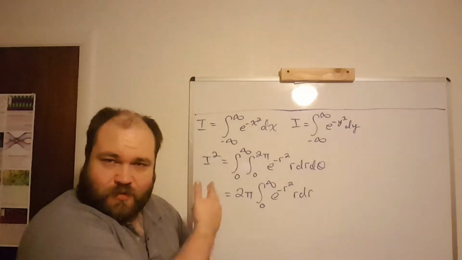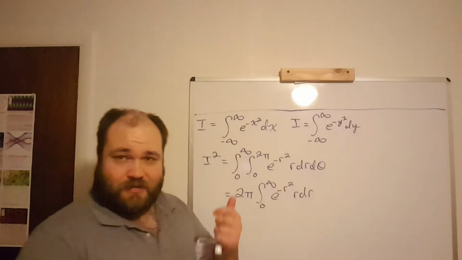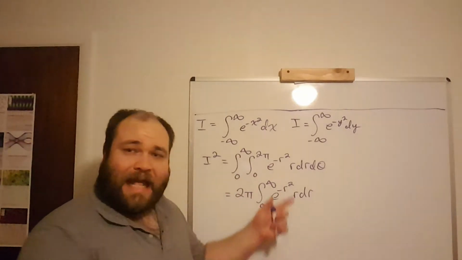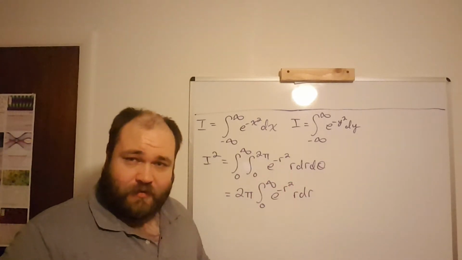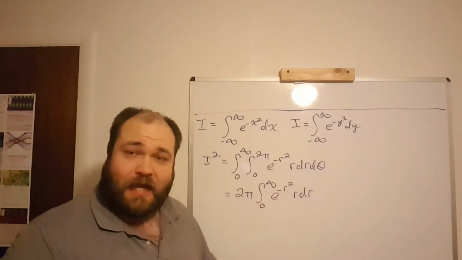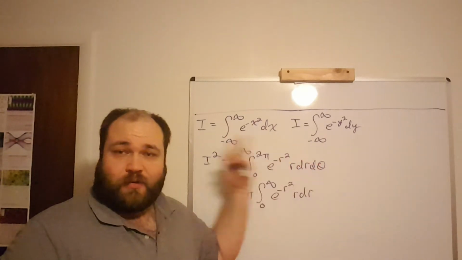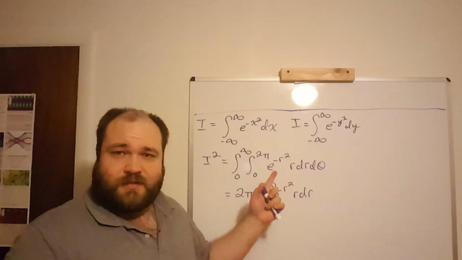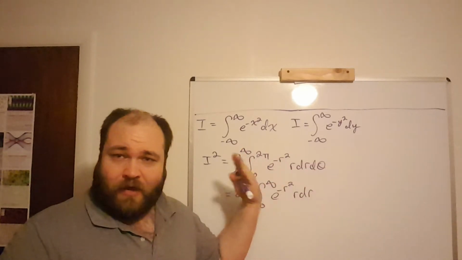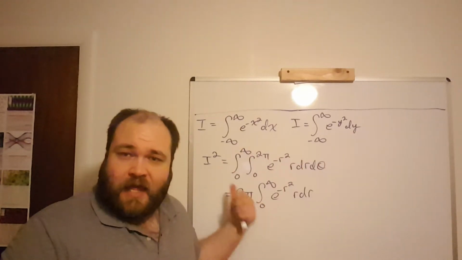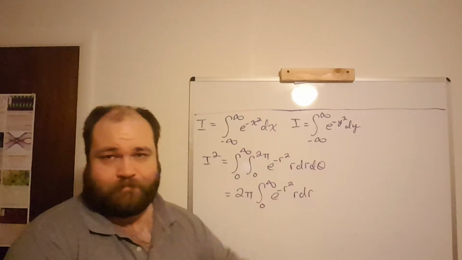And you would also just do a separation of variables at that point, because how we have it written, r does not depend on theta at all. So you can just pull the 0 to 2 pi d theta out from the whole thing and multiply through, and that'll get you to the 2 pi that's right here.